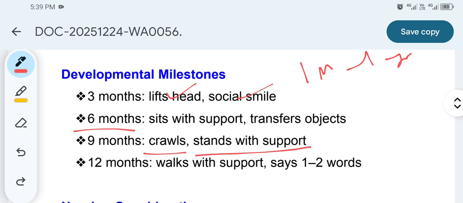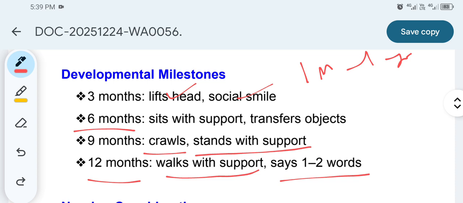That is 9 months. By the age of 12 months, that is 1 year, a child should be able to walk with support. Okay? And be able to utter at least 1 to 2 words.